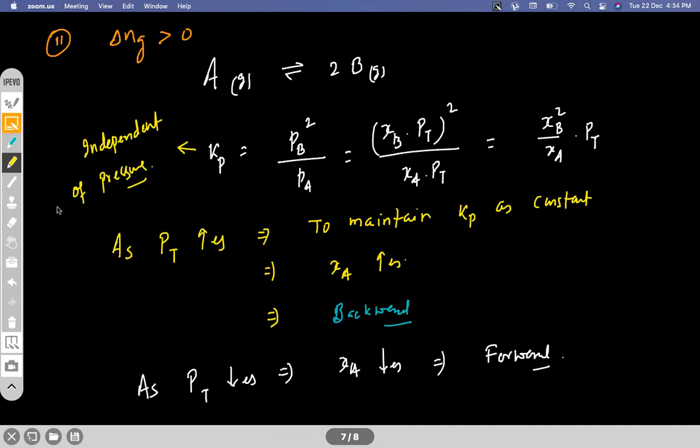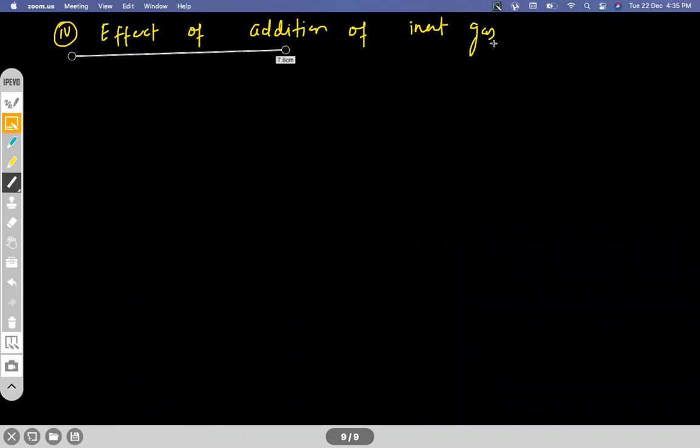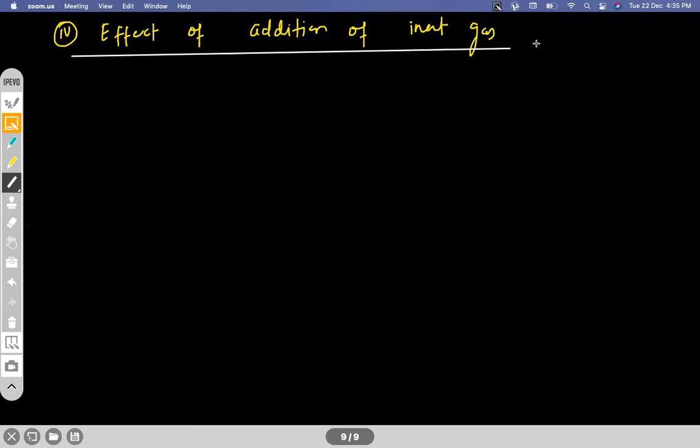Okay. Next, write down the next factor we have. Effect of the fourth one: effect of addition of inert gas. Suppose we have a gaseous mixture and in that gaseous mixture we are adding an inert gas.